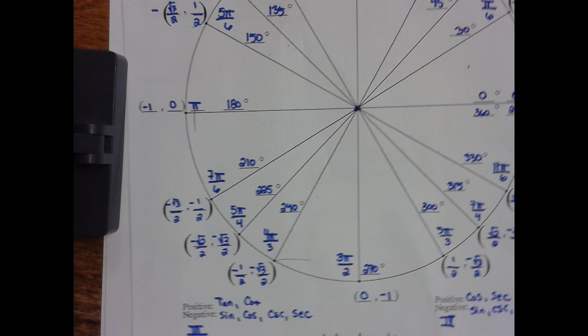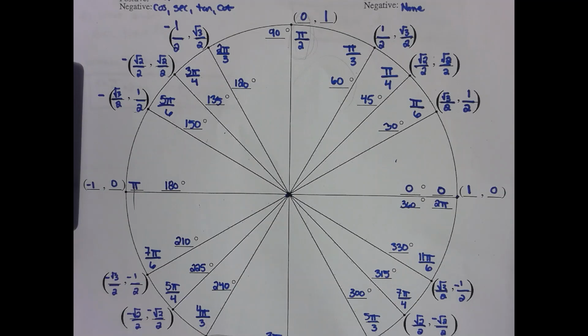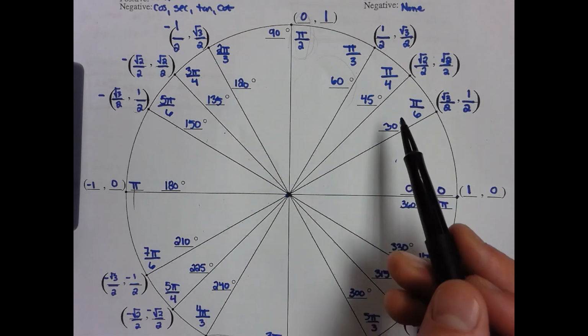Well, one thing I know for sure is it's not pi over 4, right? Because at pi over 4, both are the same, so tangent would be 1. So that tells me it's probably either, well, tangent's positive in quadrant 1, so either pi over 6 or pi over 3. For some of you, you might be able to do that math, the y divided by x, in your head.